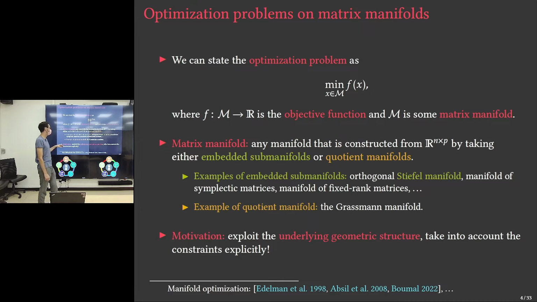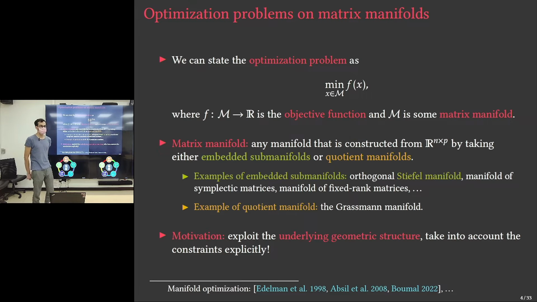There are also many other examples. Maybe in other talks we will see the manifold of fixed rank matrices, for example. And for the quotient manifold, the most important instance is the Grassmann manifold, which maybe we will also see in some other talk in the future.